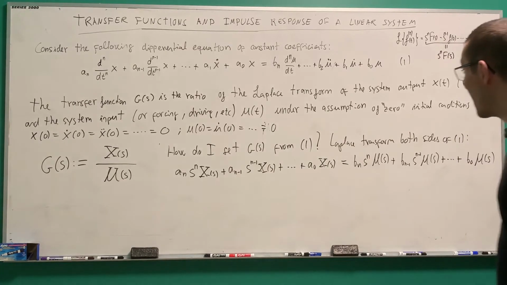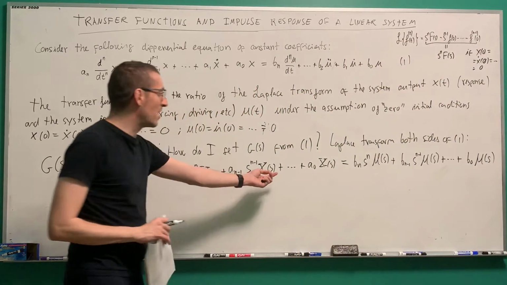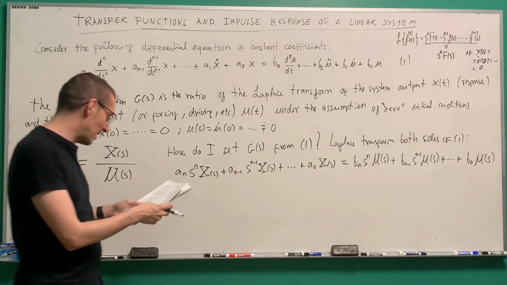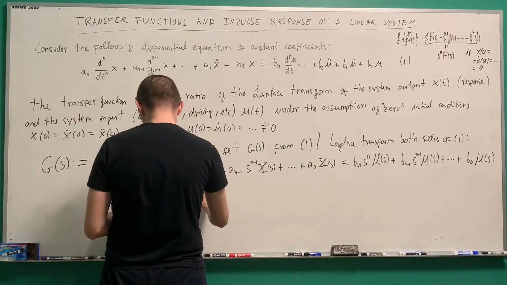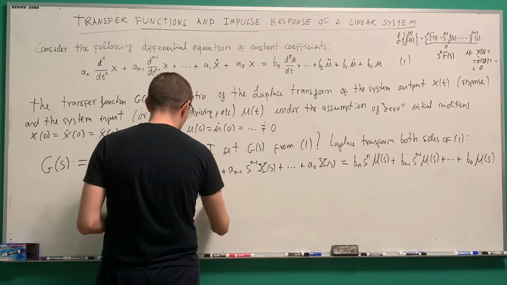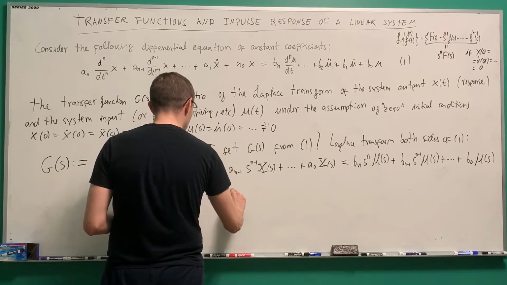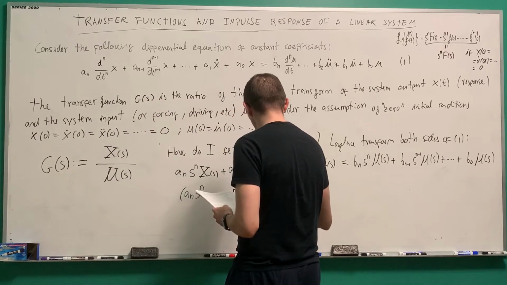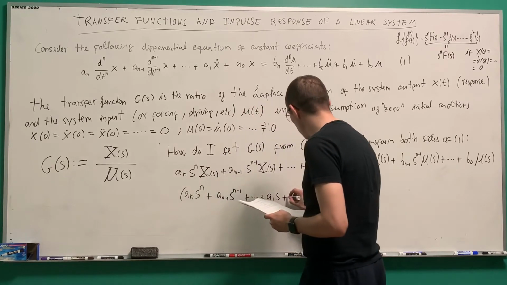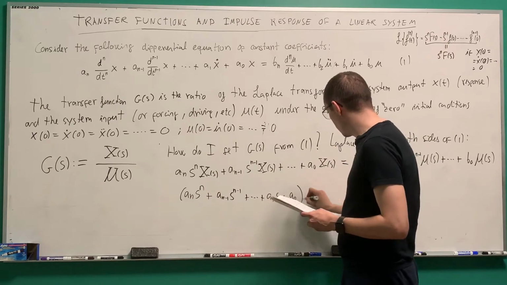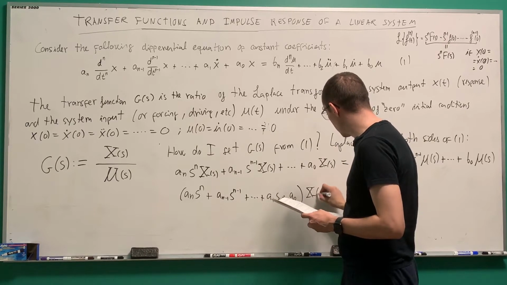Now the nice thing is that I can factor X of s here, multiplying everything. So if I were to write it, that would be a_n s^n plus a_(n-1) s^(n-1), and so on, all the way to a1 s plus a0, multiplying capital X of s.